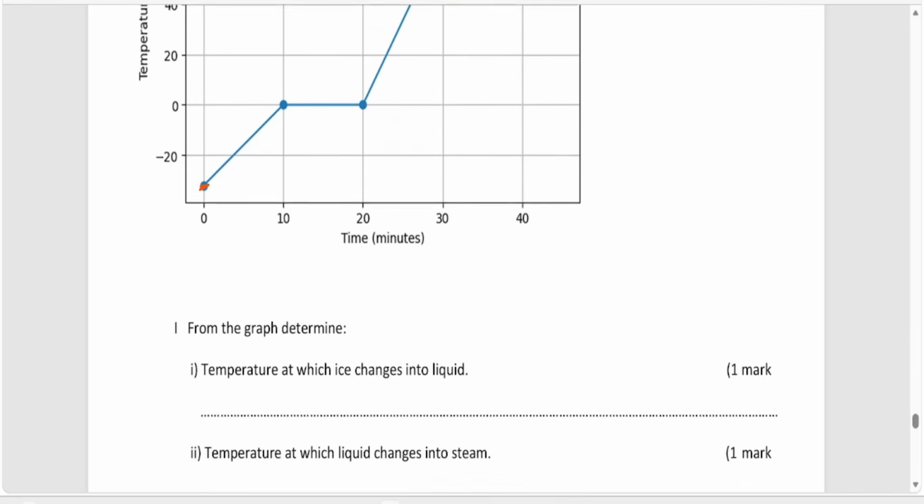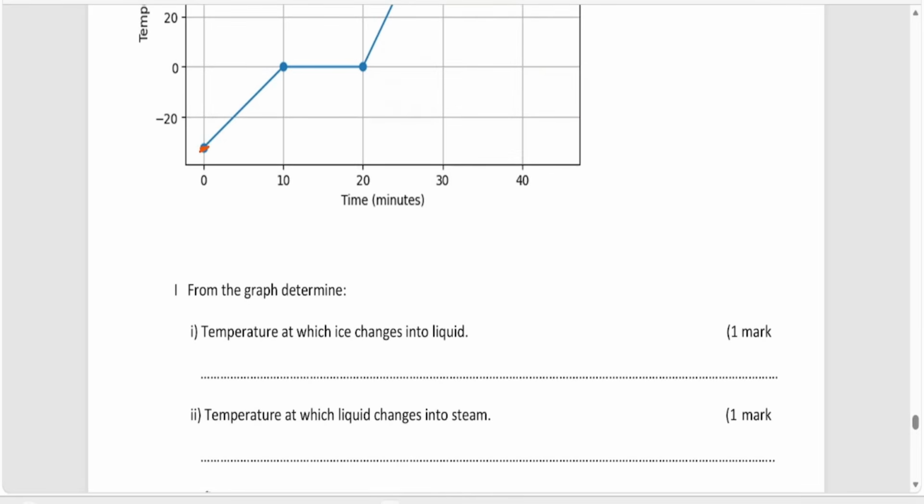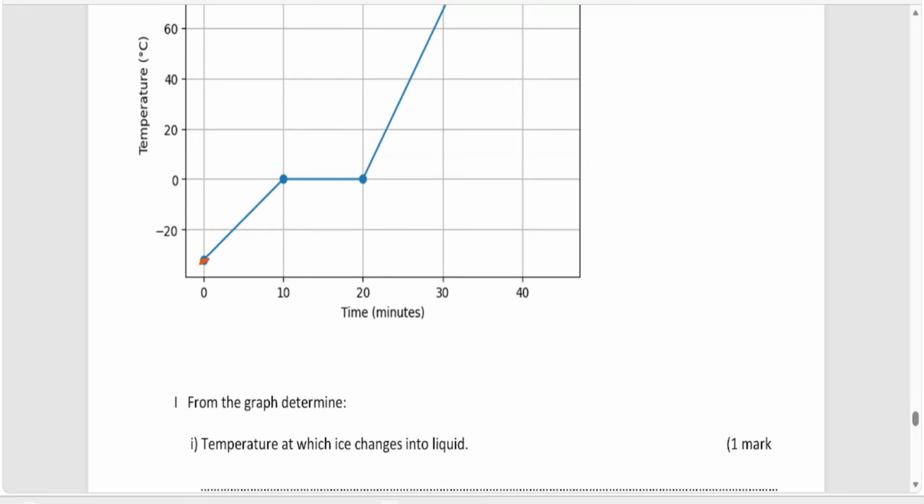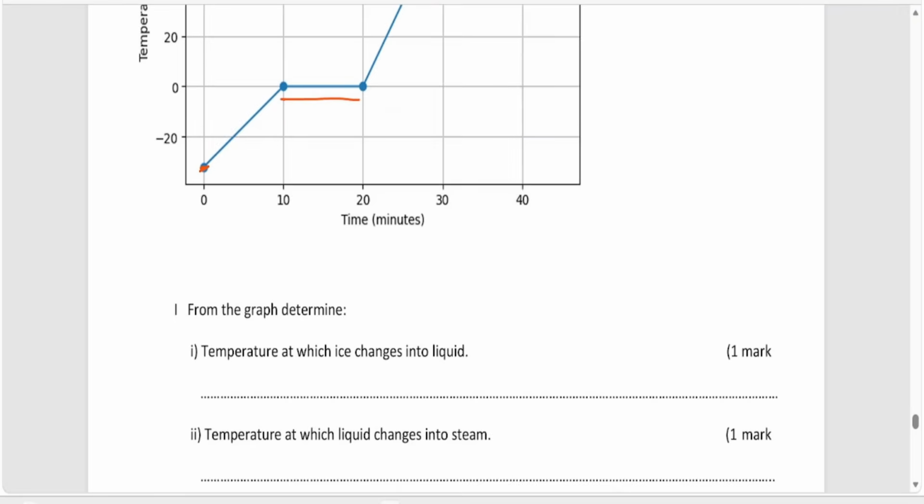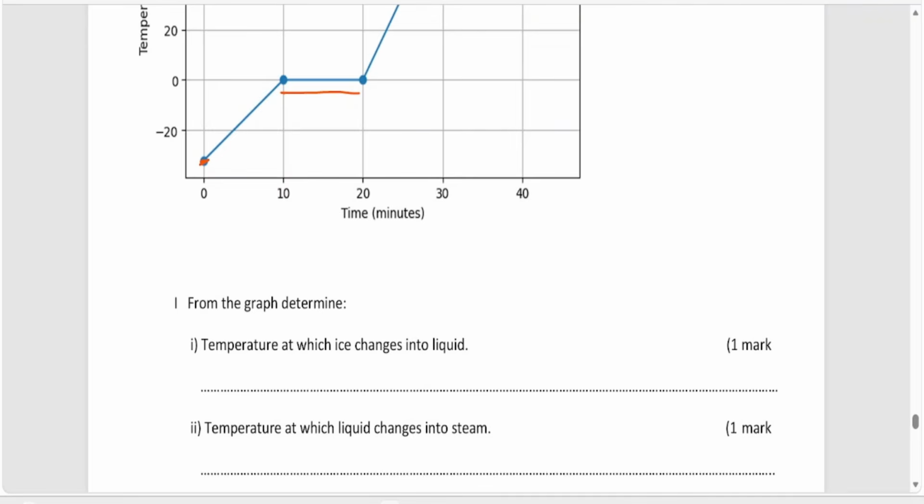From the graph, determine the temperature at which ice changes into liquid. Automatically that is the melting point. It's where the graph flattens, and the temperature at that point is 0 degrees Celsius.